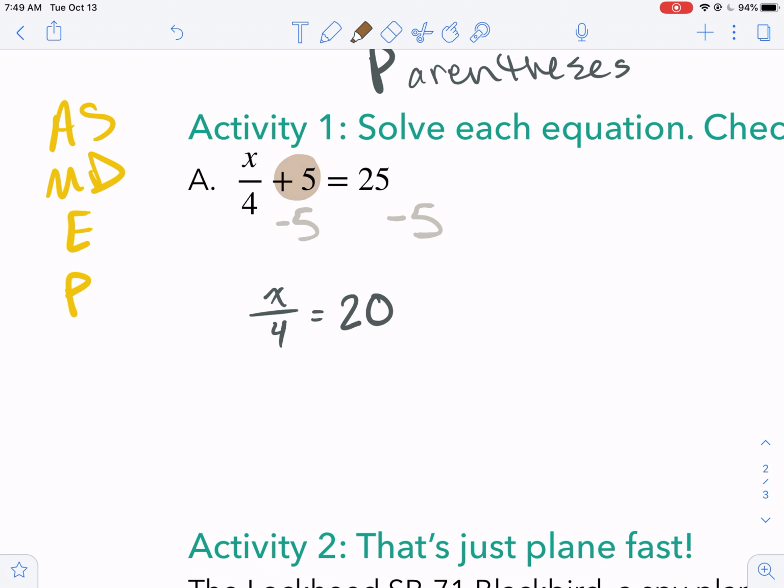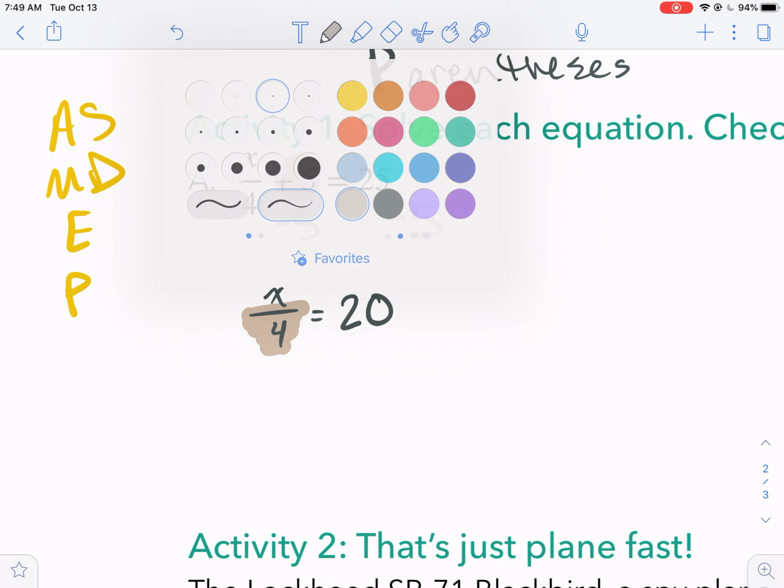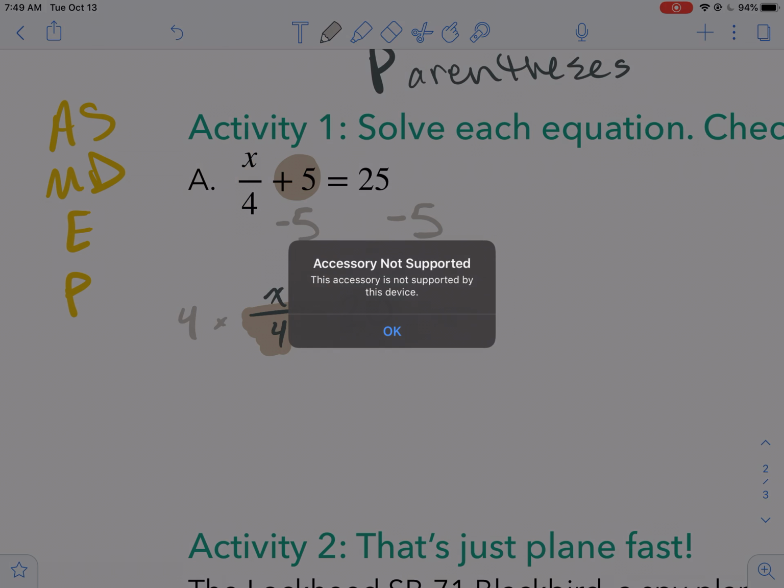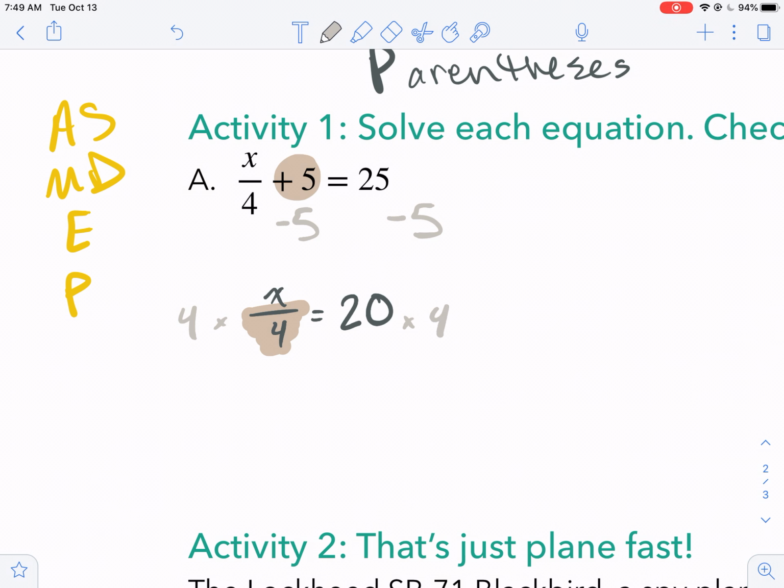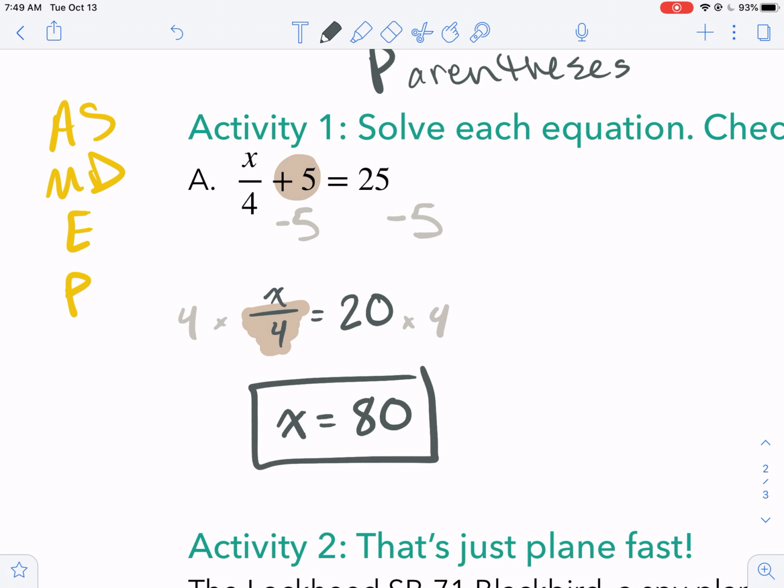And then we need to undo this divide by 4. To undo divide by 4, we're going to multiply times 4 on both sides, giving us that x equals 80. Ta-da! Let's do another one.